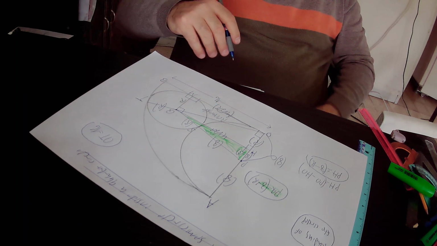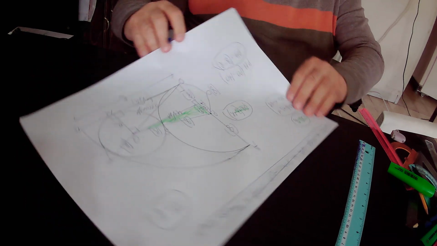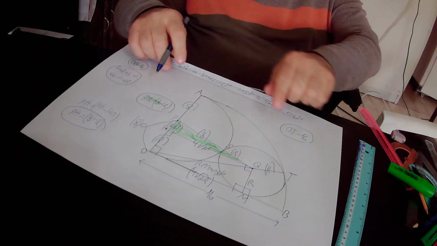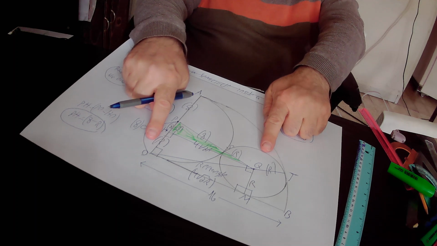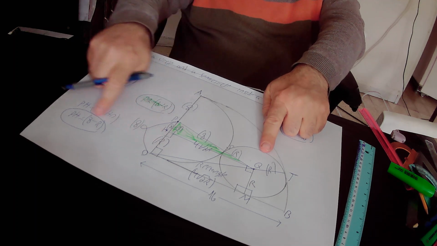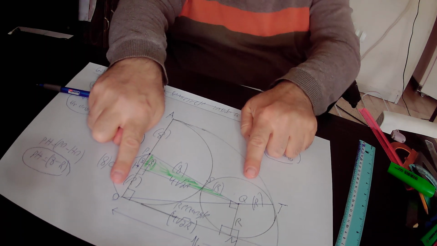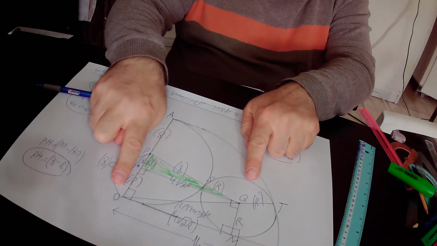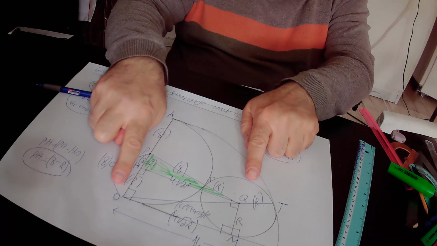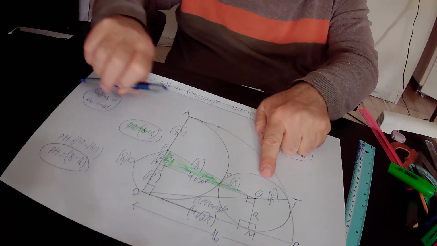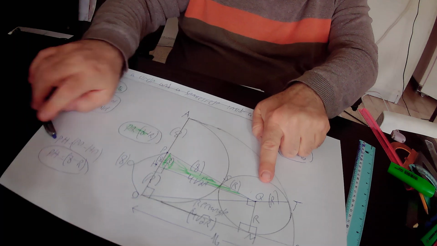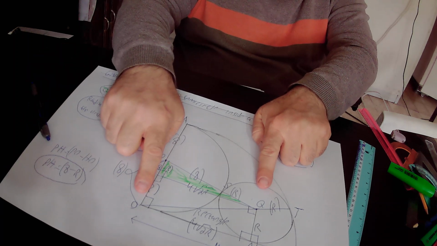So, what is the length of this line segment QO? From the drawing it is very easy to see that QO equals OT minus QT. What is the definition of line segment QO?